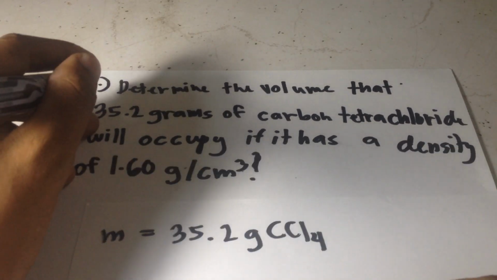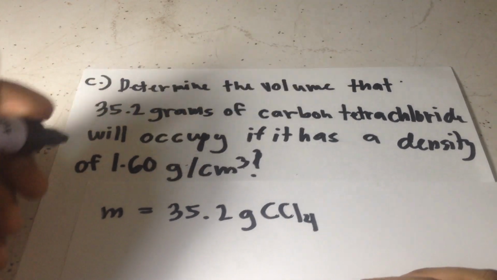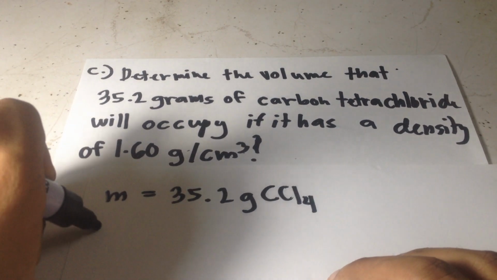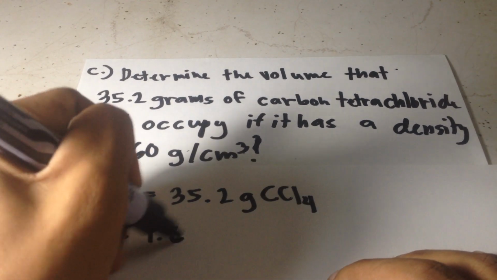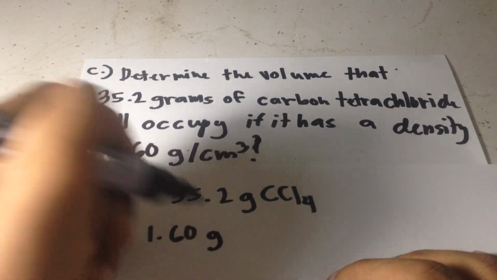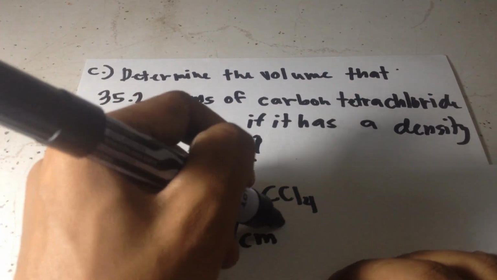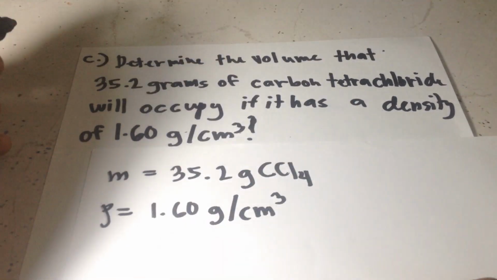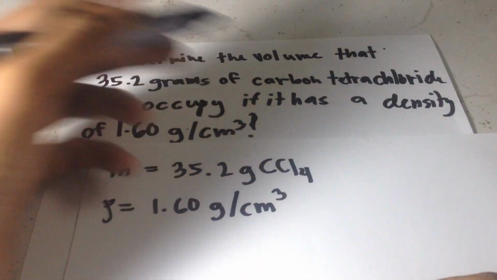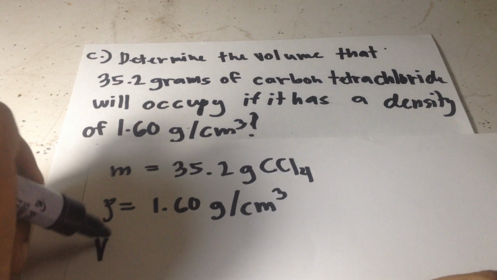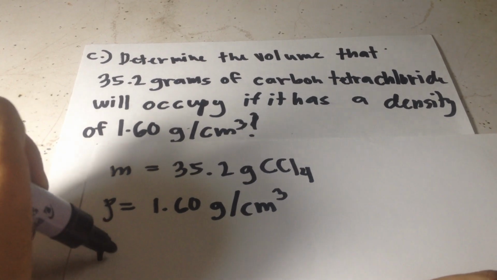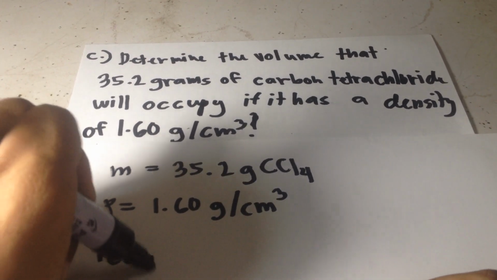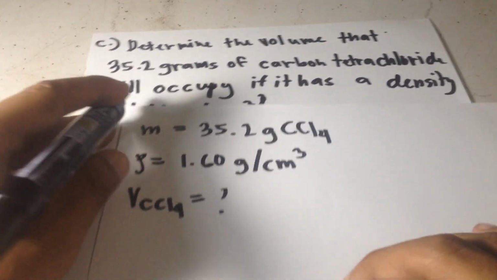And the density is 1.6 grams per cubic centimeter. The question is, we need to determine the volume of carbon tetrachloride, which is the unknown.